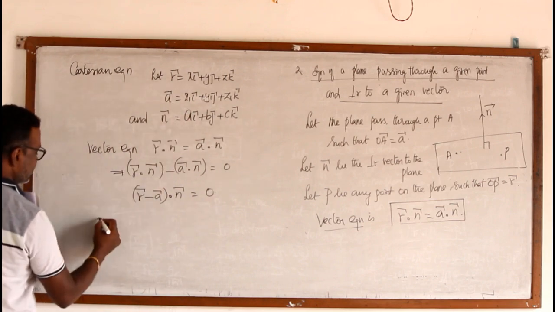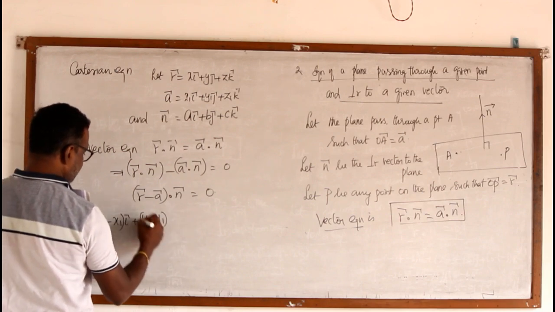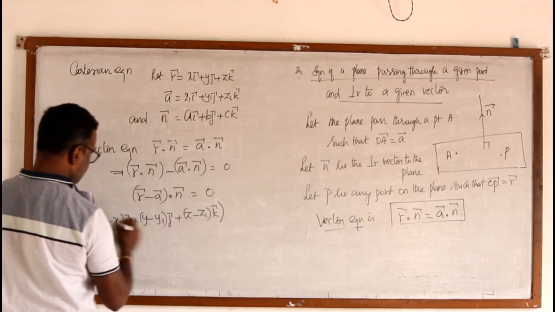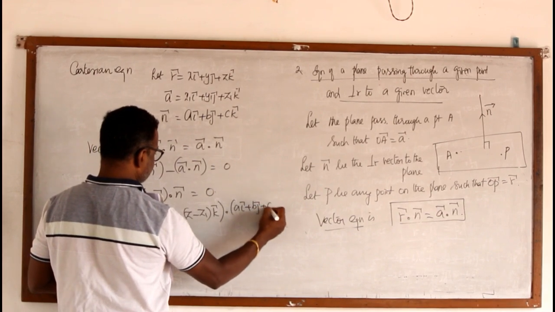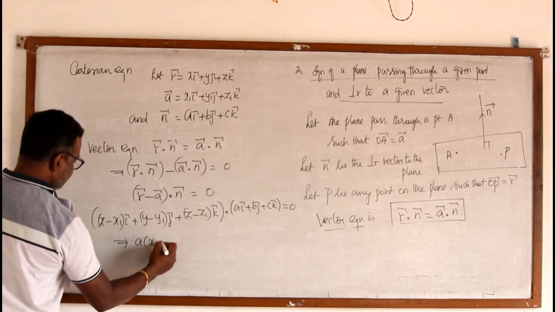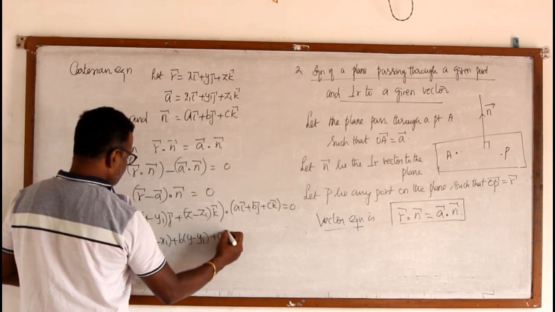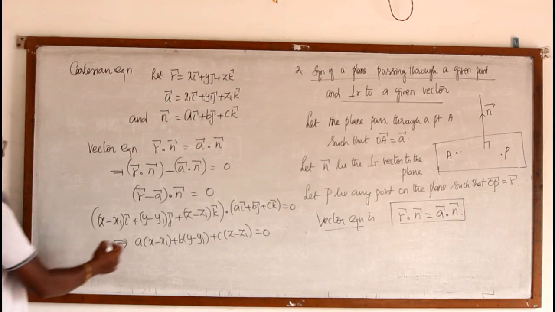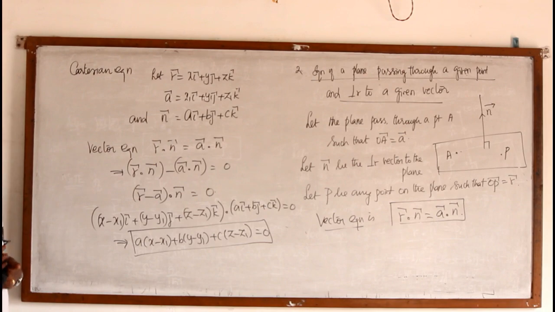Now, R minus A is x minus x1 into i, y minus y1 into j, z minus z1 into k, dot ai plus bj plus ck equal to 0. When I take the dot product, it's a into x minus x1, b into y minus y1 plus c into z minus z1 equal to 0. This is the Cartesian equation of a plane when a point and a perpendicular vector are known.